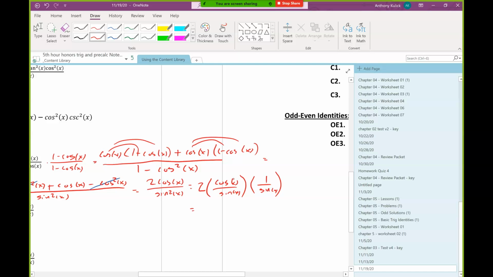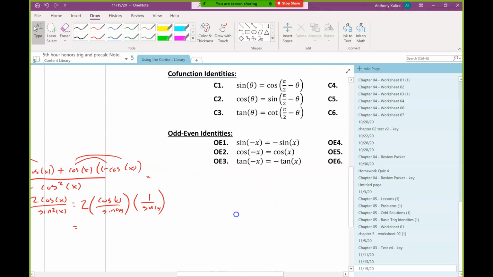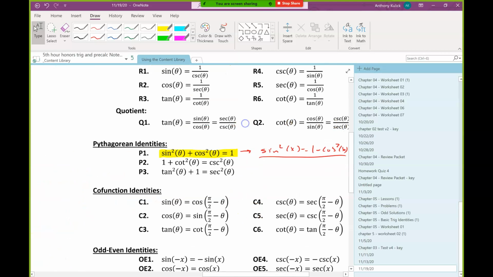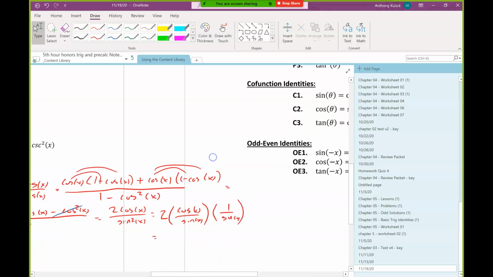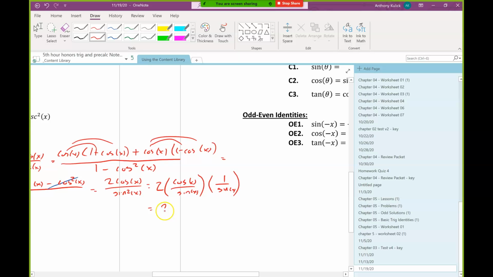So if I look at my identity sheet, Q2: cosine over sine is cotangent, and R4: cosecant is 1 over sine. So I can call this 2 cotangent x cosecant x. And that's probably as good as I can do.